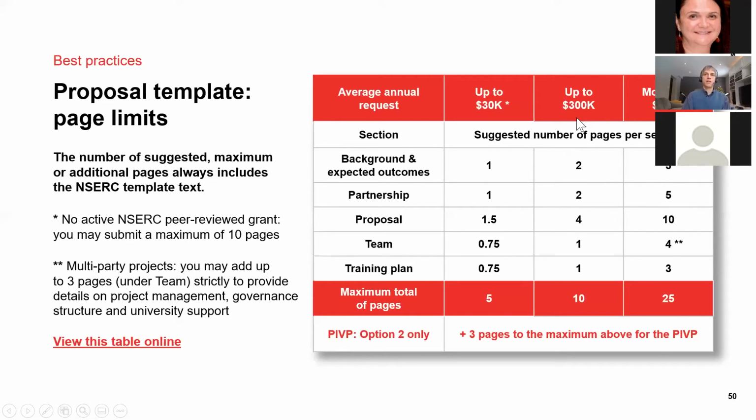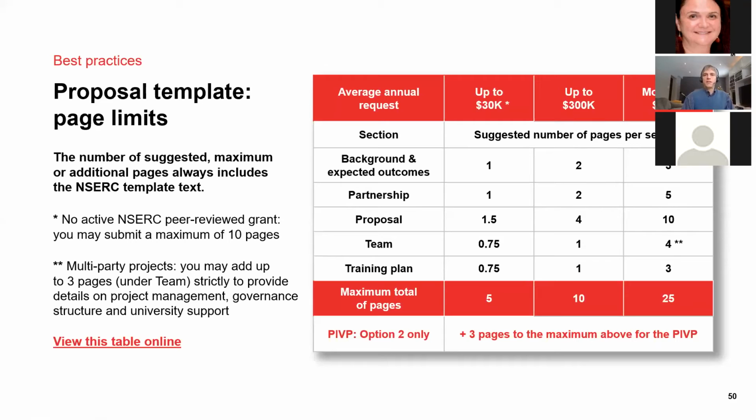Since sometime in November, we changed the page limit so that as soon as you're over 300K, you have 25 pages instead of 15, because we got a lot of comments that there was not enough space to describe the project.